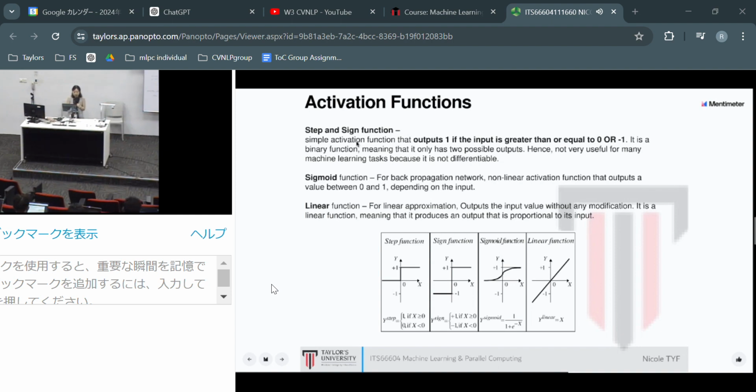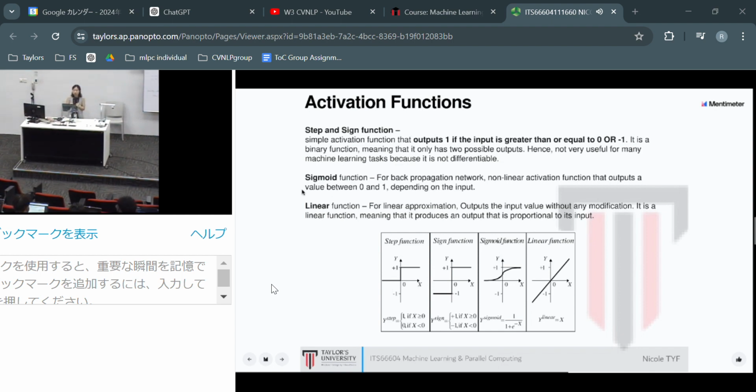The sigmoid function for backpropagation networks also outputs values between 0 and 1, and it is one of the most widely used functions for binary classification tasks. Linear activation functions produce a series of values and are usually used at the final layer of our neural network, which is meant for regression tasks.